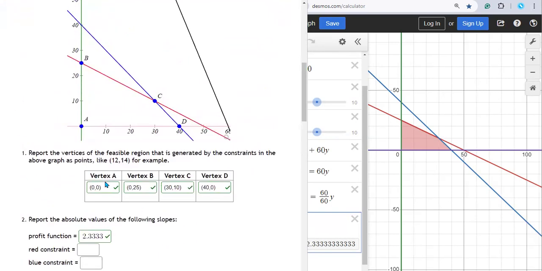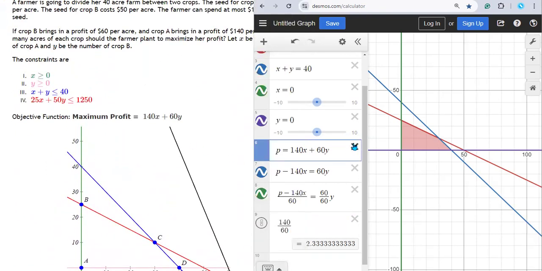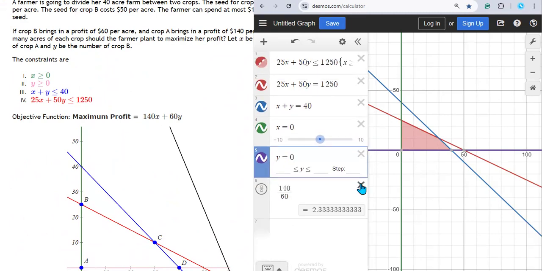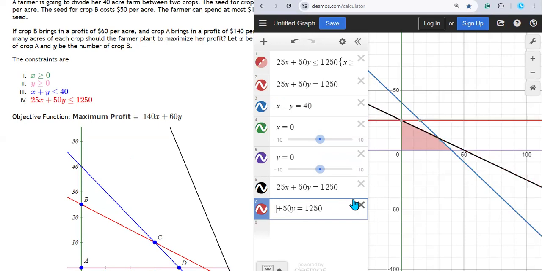What about the red constraint? I'm going to do the same thing that I did here for the red constraint. The red constraint is right here. I'm going to solve that for y. So I'm going to subtract 25x from both sides. When I do it to the left side, I got 25x minus 25x, which is 0.